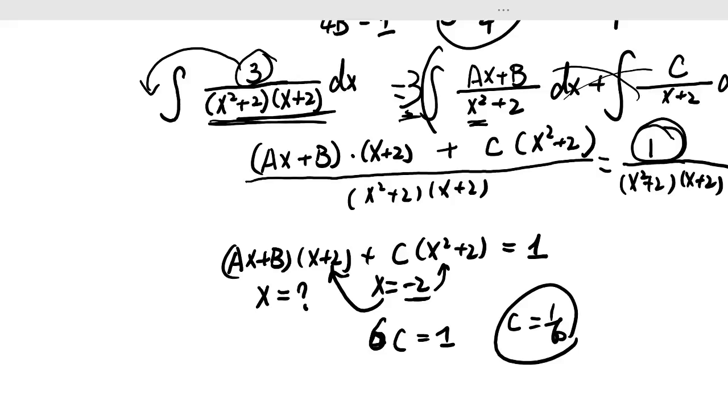How can I get a and b? What else can I give for the x?